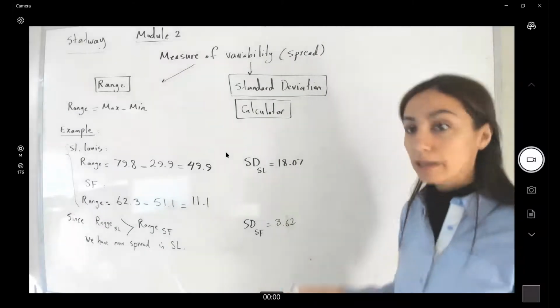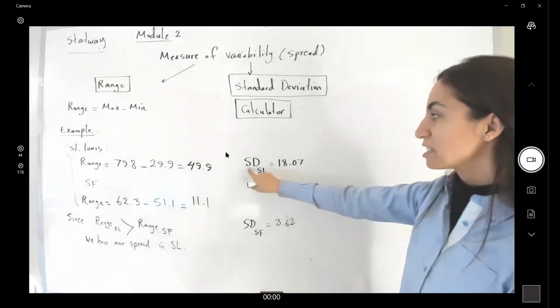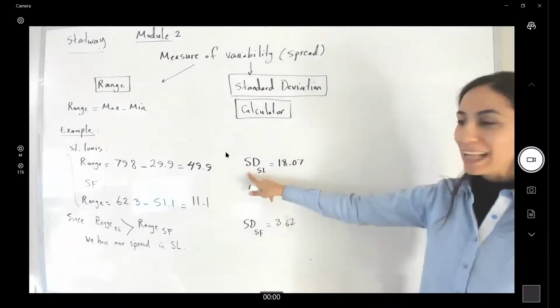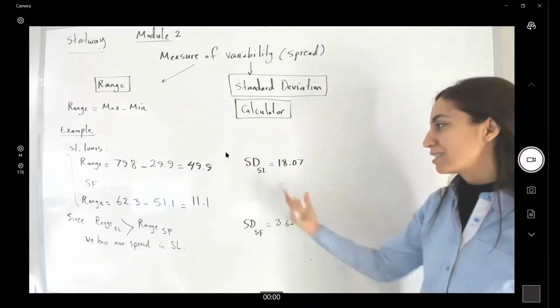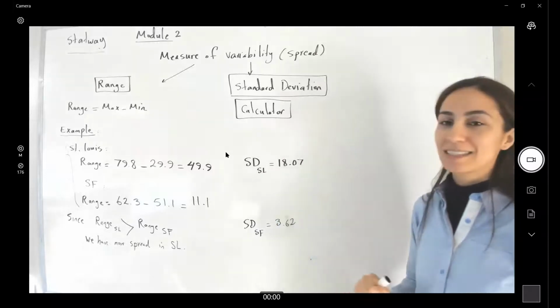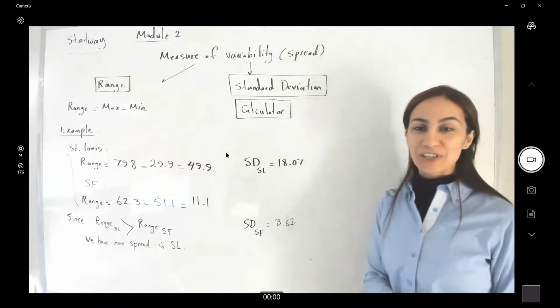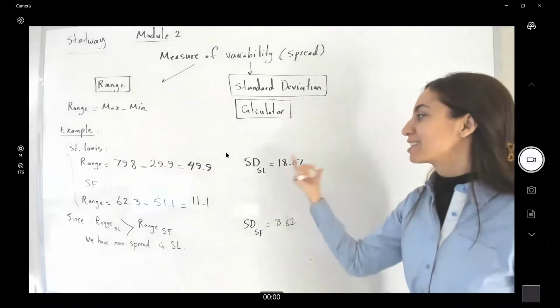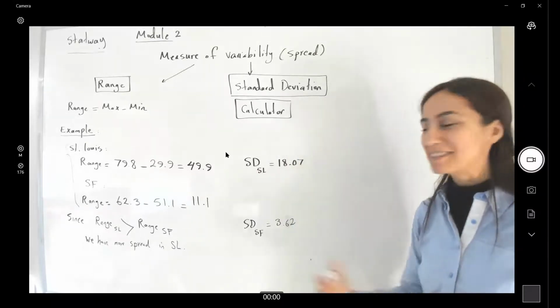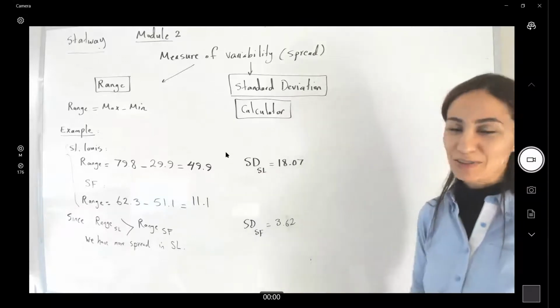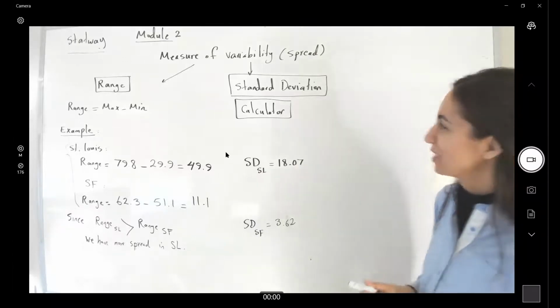As you can see, again, since the standard deviation of San Luis is larger than the standard deviation of San Francisco, it means that San Luis temperatures have greater variability, greater spread than San Francisco temperatures.